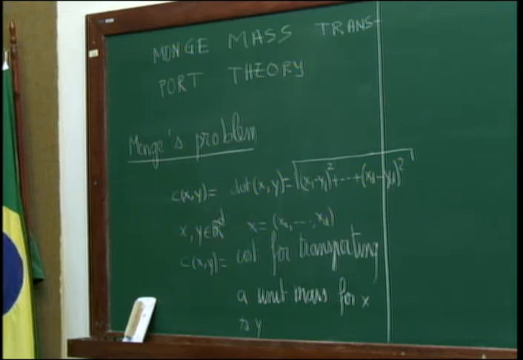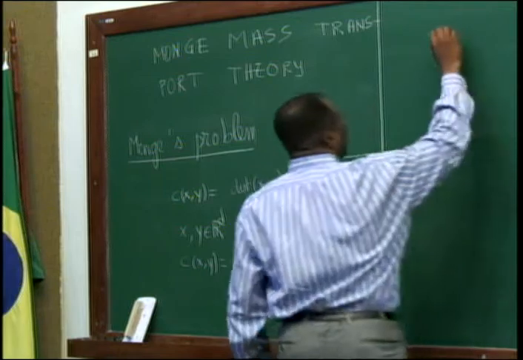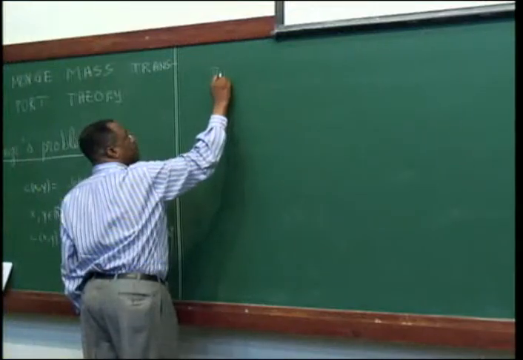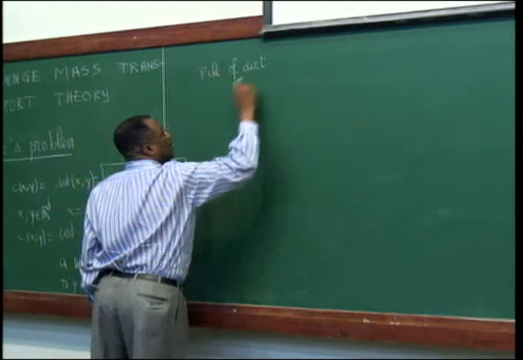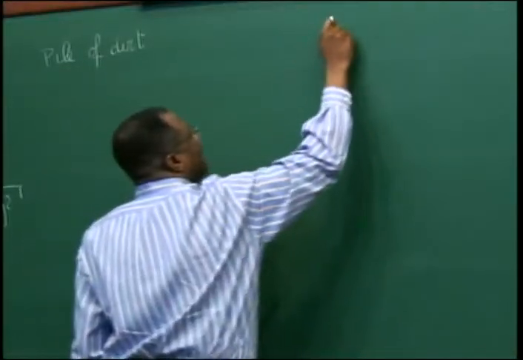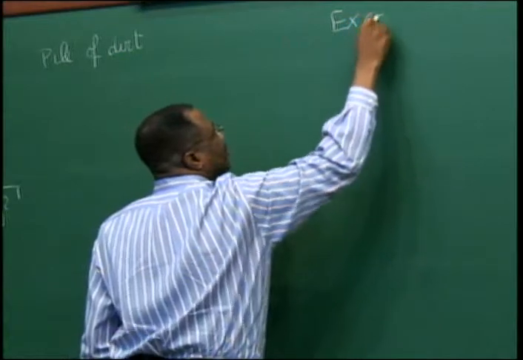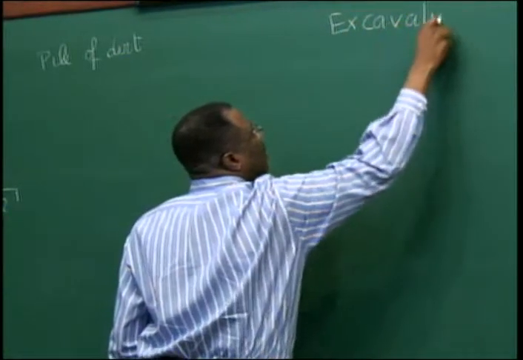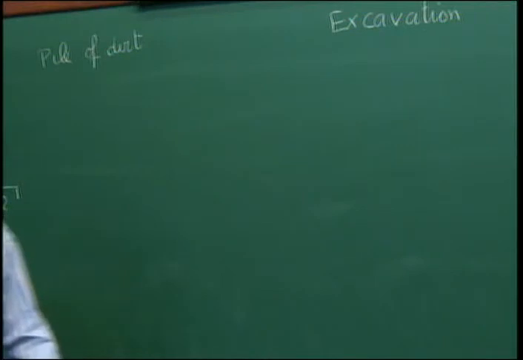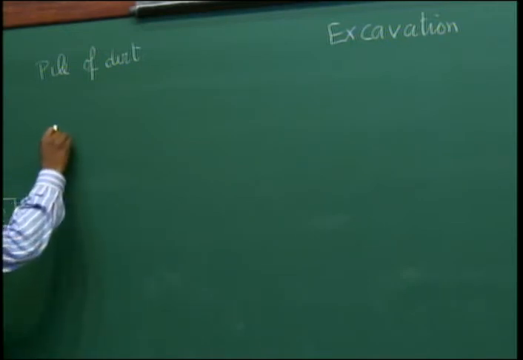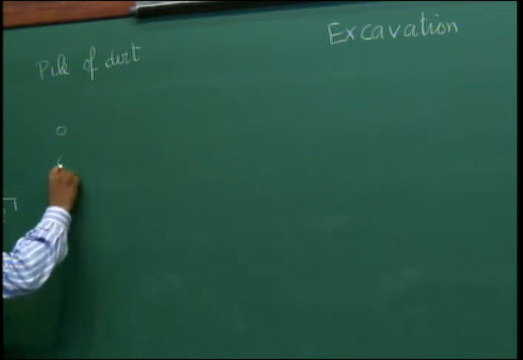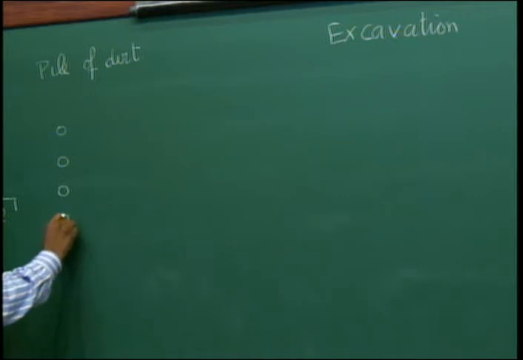Okay, so assume that I have a pile of dirt on one side, and I have an excavation on the other side. Let us look at a simplified case where the pile of dirt consists of, say, 4 points.